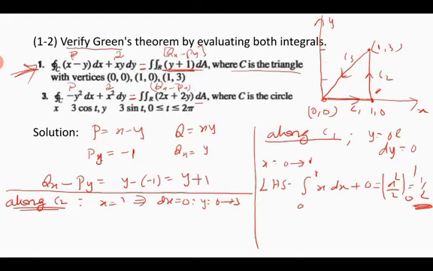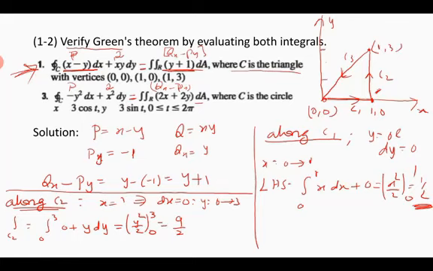Along C2, the integral over C2 is integral 0 to 3 for y. Dx is 0, the first term will be 0 plus x into y, x is 1, y is variable, y dy. Answer is y square over 2 from 0 to 3, so 9 over 2. Along C2 we found 9 over 2.